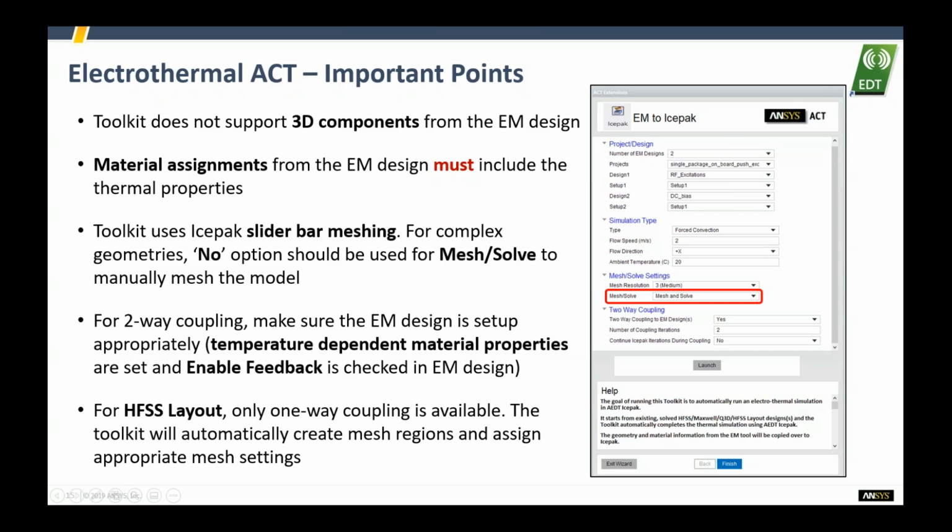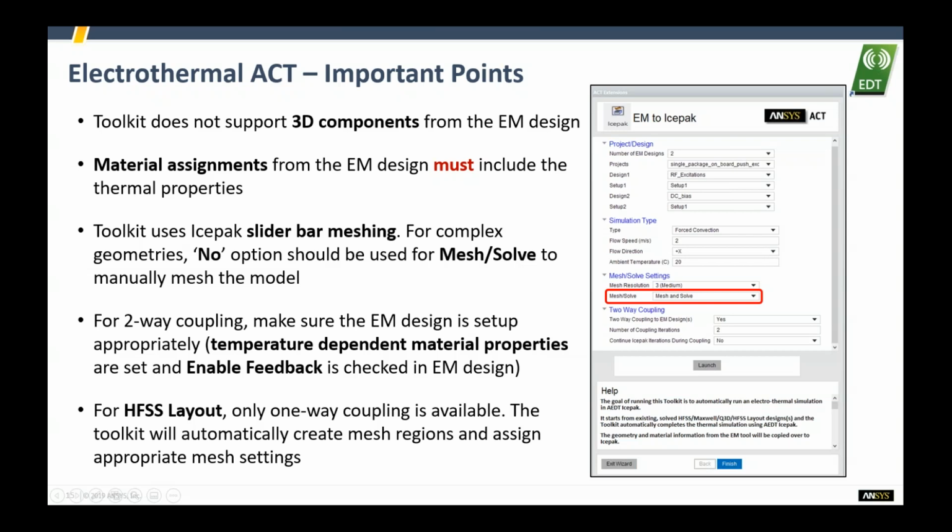Good to know. For material assignment from the EM design, it must include the thermal properties, so the thermal modifier has to be turned on. The toolkit uses iSpec slider bar matching, for example, for complex geometries. The no option should be used for mesh and solve to manually mesh the model.